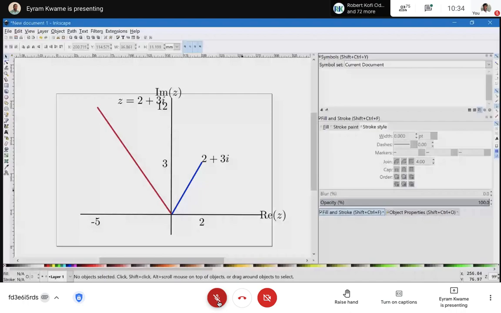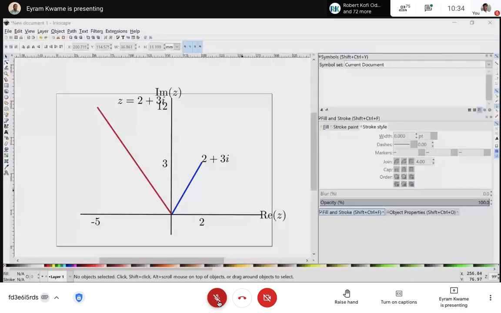Then z squared is equal to negative 5 plus 12i.